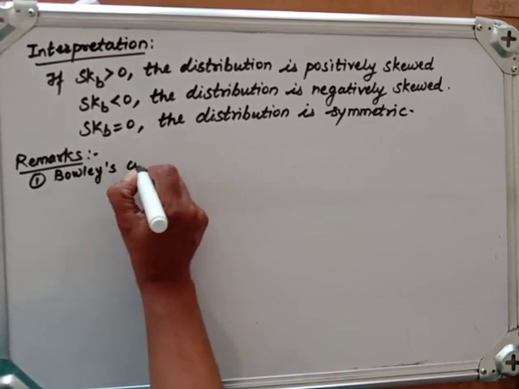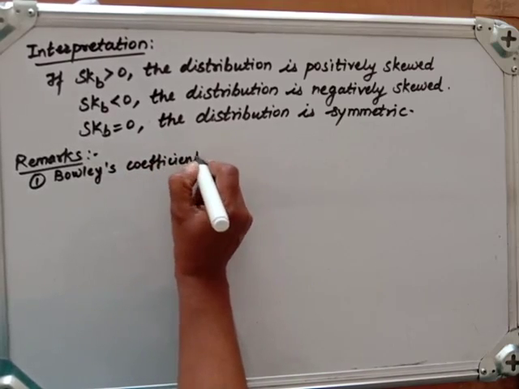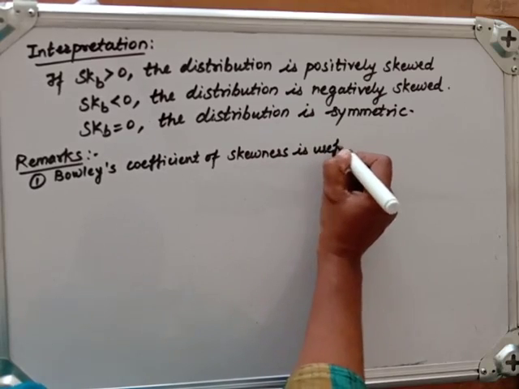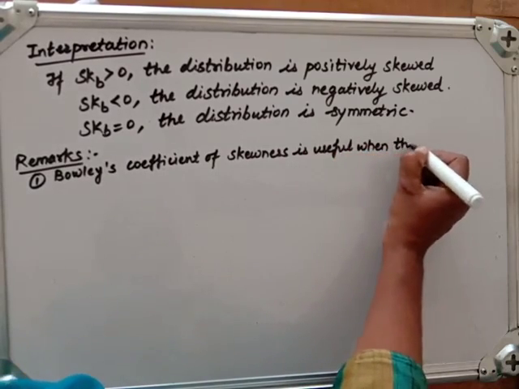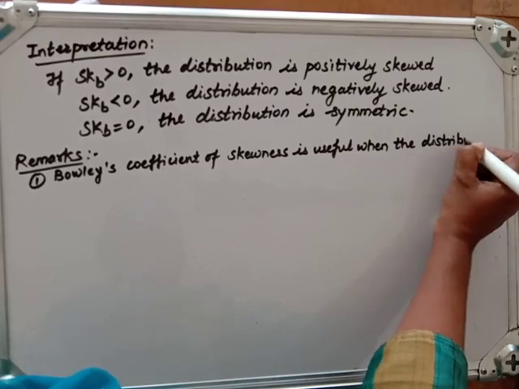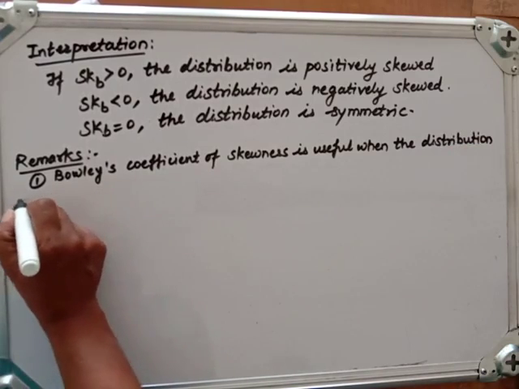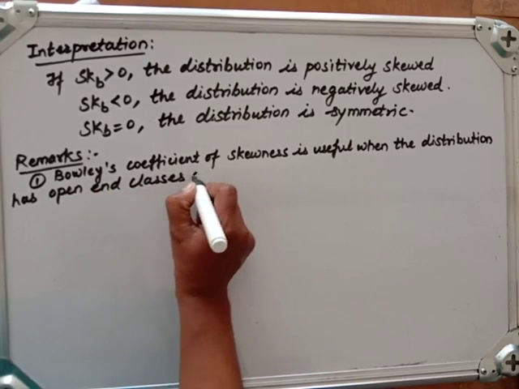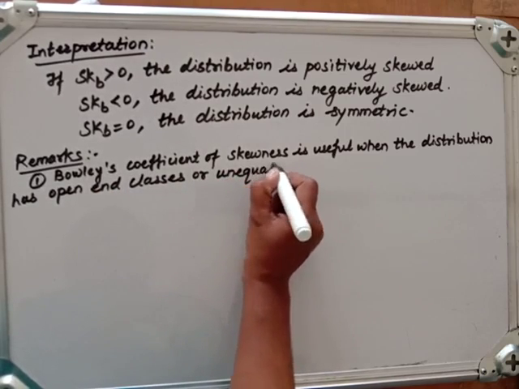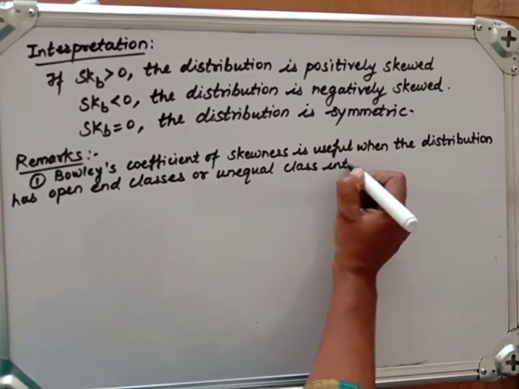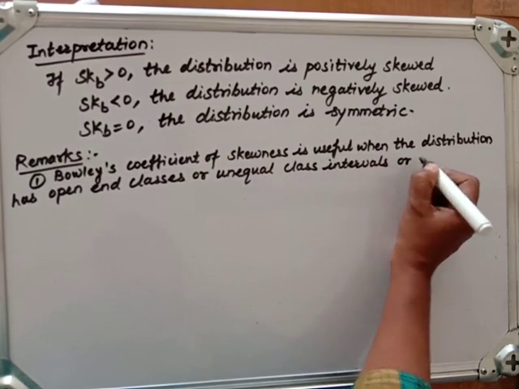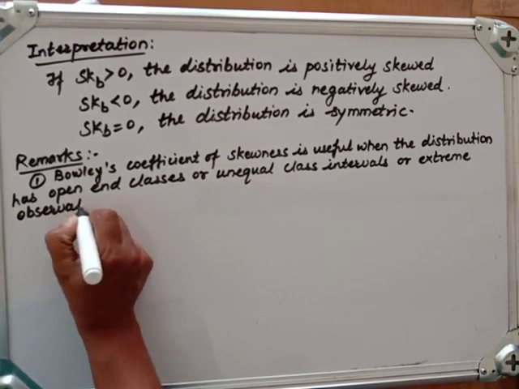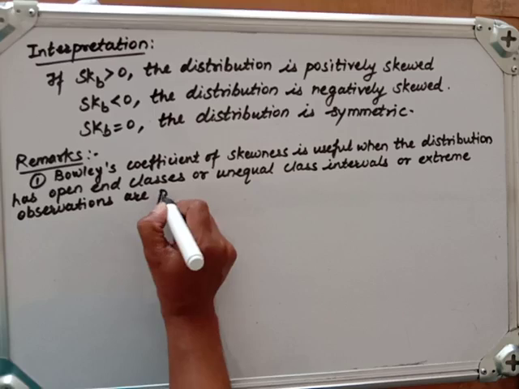Bowley's coefficient of skewness is useful when the distribution has open-end classes or unequal class intervals or extreme observations are present in the data.